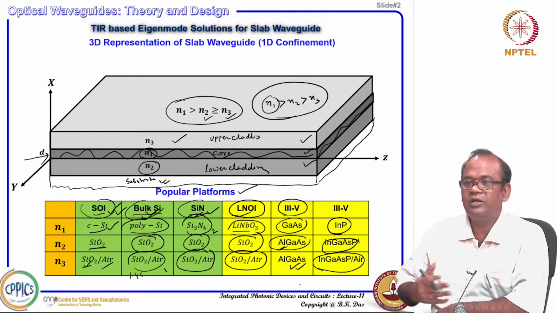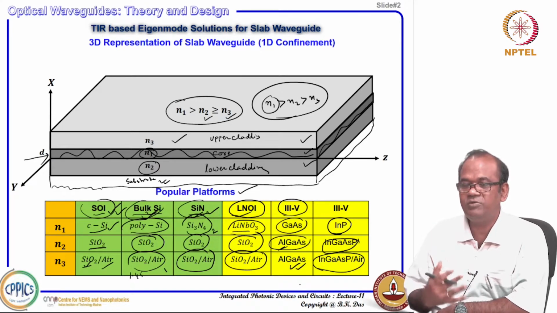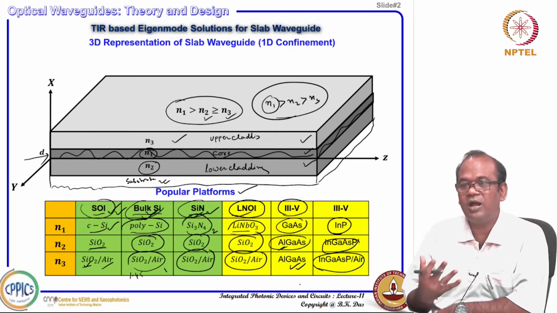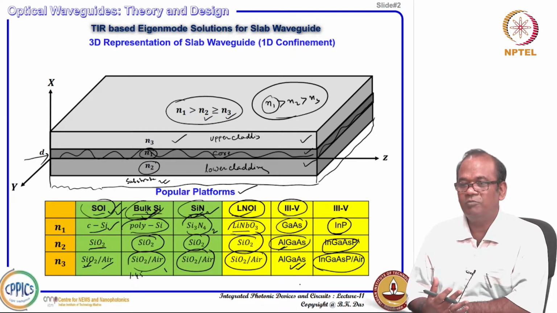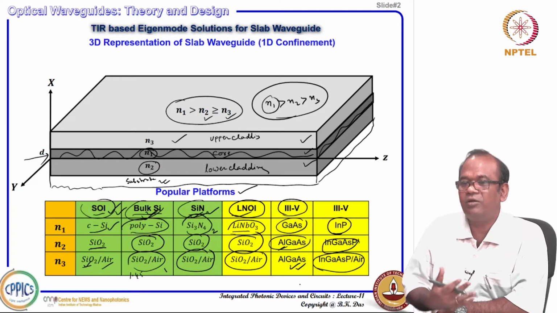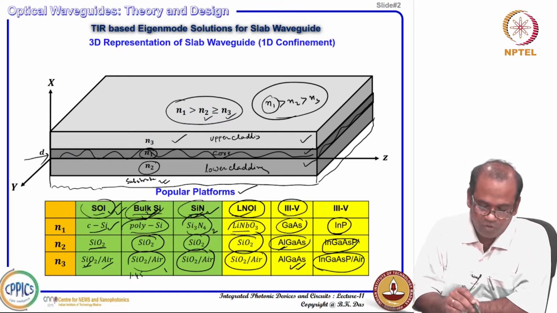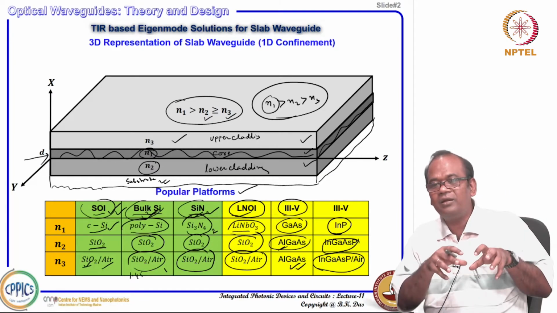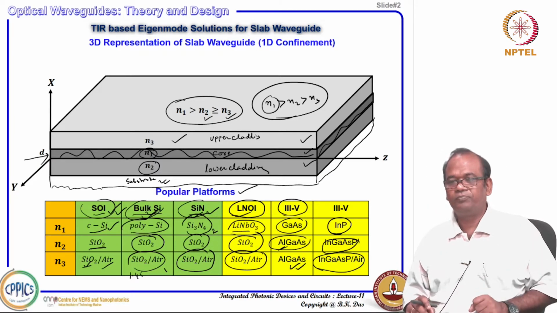So, these are the platforms available, and if you use the suitable technology available to you, then you can make different types of photonic structures, which can be active devices, passive devices, or programmable devices. Some platforms are more interesting because they can also integrate electronics. For example, SOI and bulk silicon, you can co-integrate electronics as well as photonics.